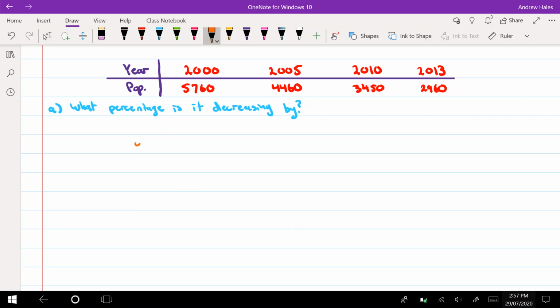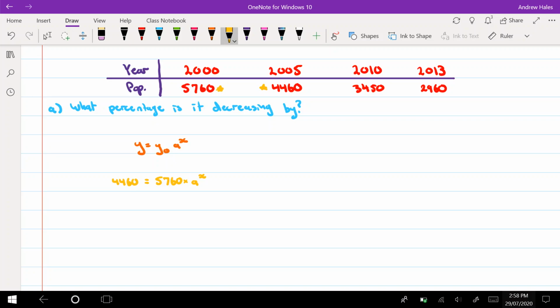Again, all exponentials can be modeled as y equals y naught a to the x. Well, we've been told the two populations as they've gone down. So let's put them into my equation. Let's start with my original, which is 5760 times a to the x, and that is equal to 4,460.